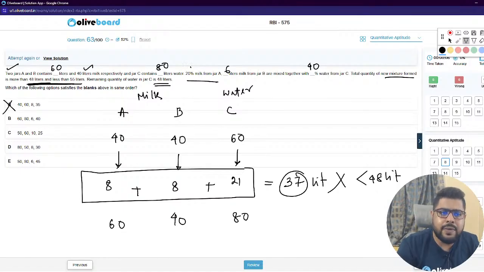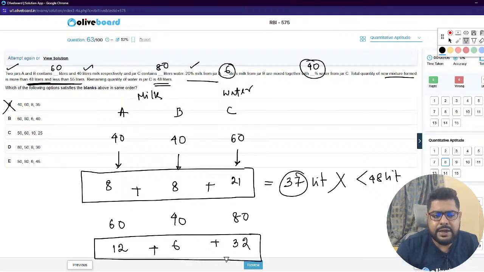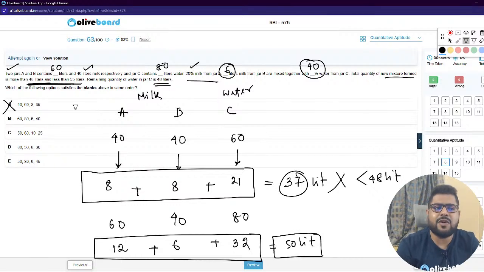Now 20% of milk, this is 12 liters. Now again, 20%, 6 liters of milk from jar B, 6 liters, plus 40% jar C, 4 8s are 32 liters. This I have taken. 32 and 18 are 50 liters. It is between 48 and 55. Yes, sir. And the second condition, remaining quantity is 48 in jar C.